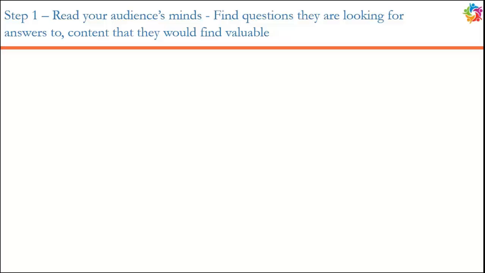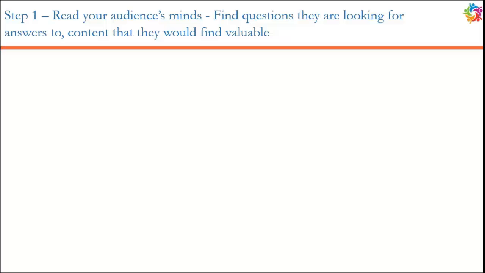So the first step here, as it says there, is to read your audience's minds, right? Find out what your audience really wants. This is going to be different from brand to brand, business to business. So you need to define your audience profile and persona.